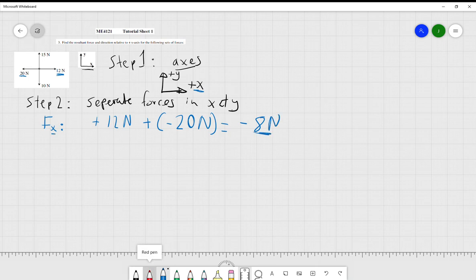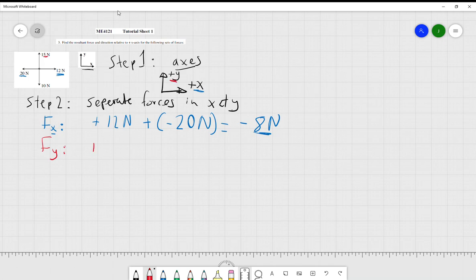Great. So simple. Next one is the forces in the y, so because we started with F, we'll continue with F. So the forces in the y, the subscript is y. Again, we'll start with the positive, so 15 Newtons is in the positive y direction as we set it.